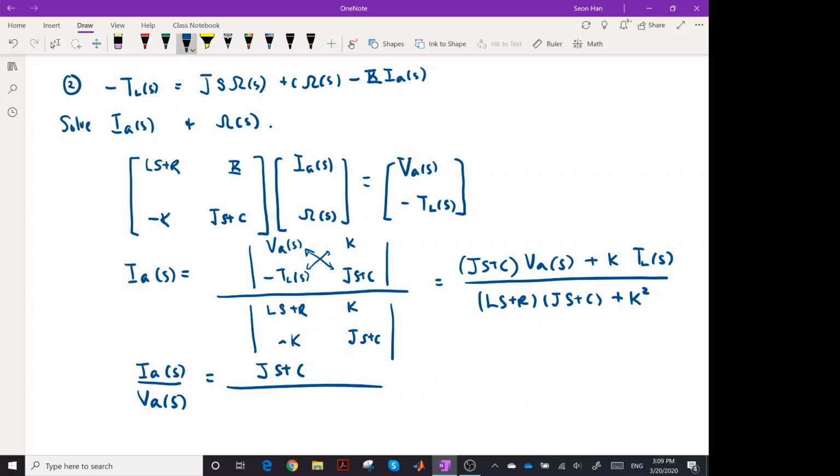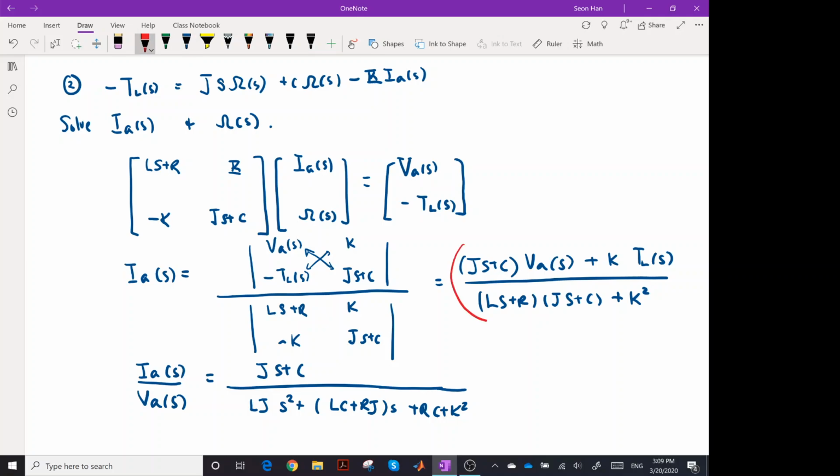At this point, I'm just going to multiply them out. L times J S squared plus LC plus RJ times S plus RC plus K squared.